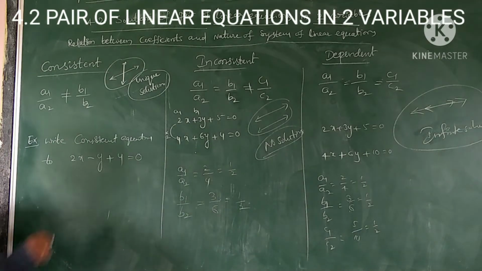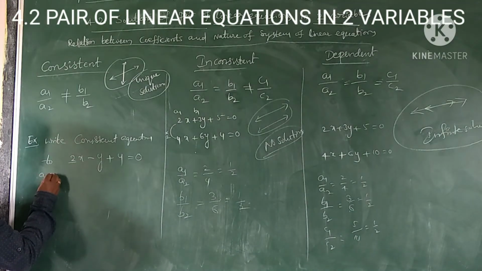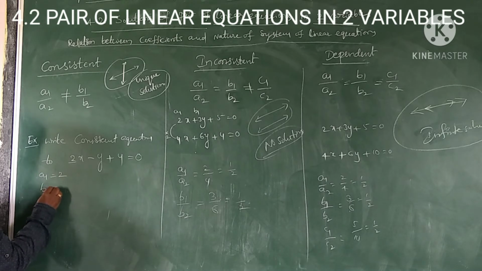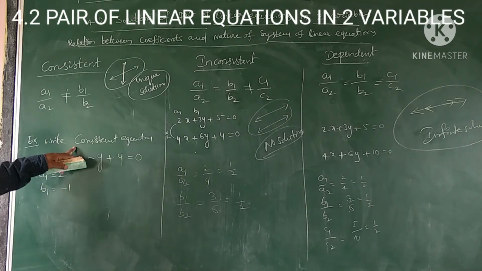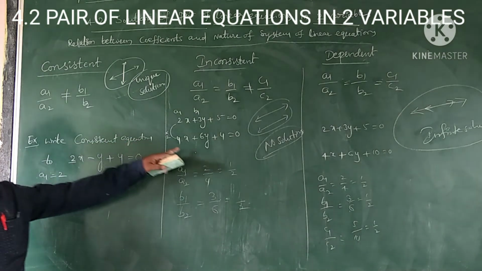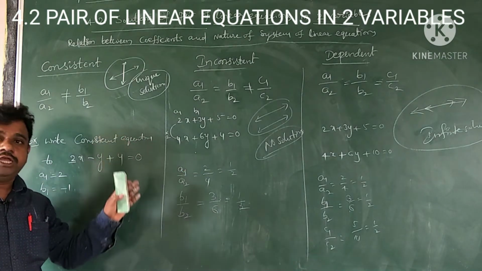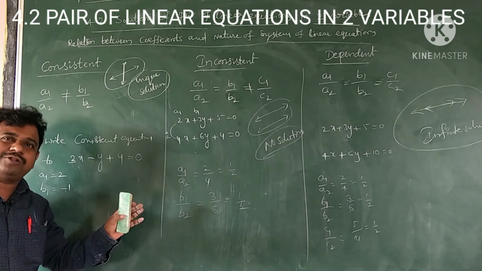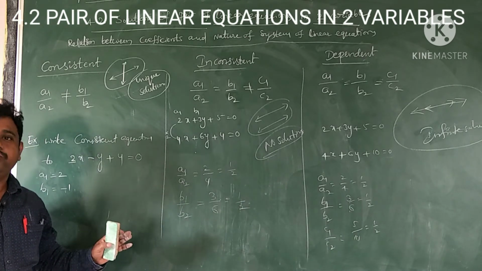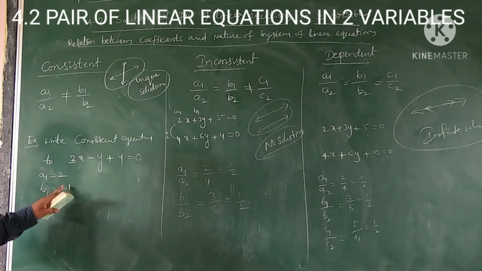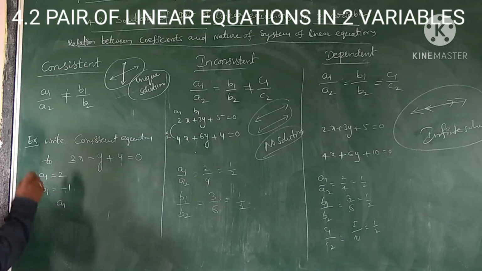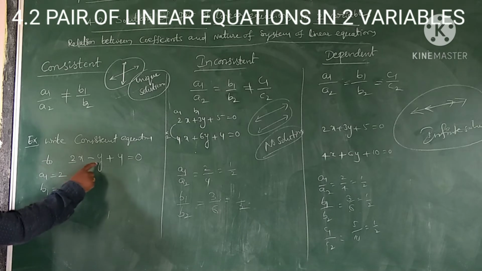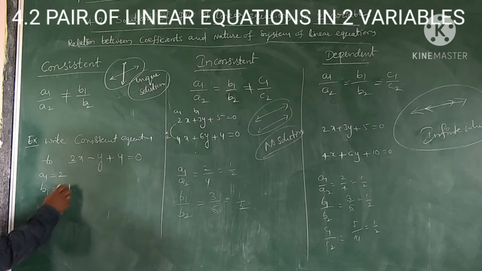Students, observe here. a1 equals 2, b1 is equal to minus 1. Just remind, what is a consistent equation to the given equation? If a1 by a2 is not equal to b1 by b2. Observe, these are not the same coefficients.